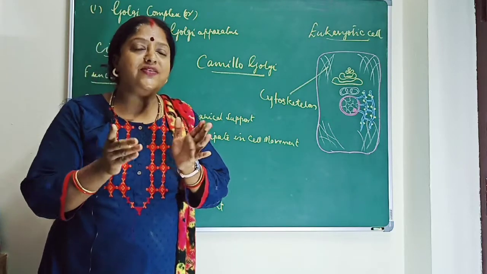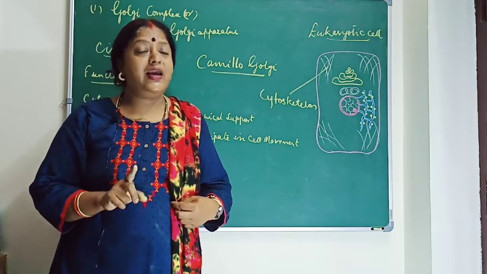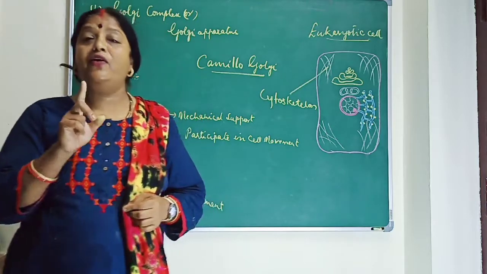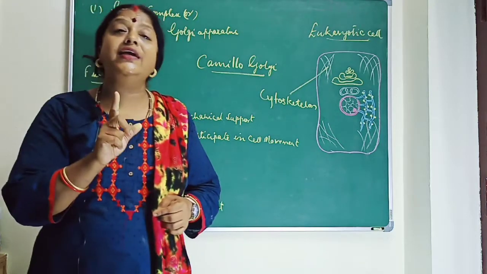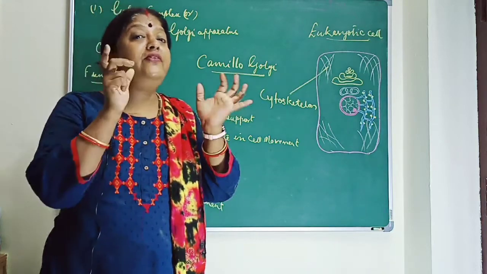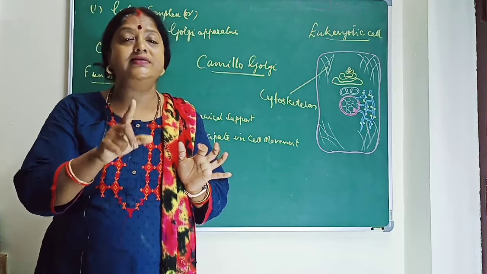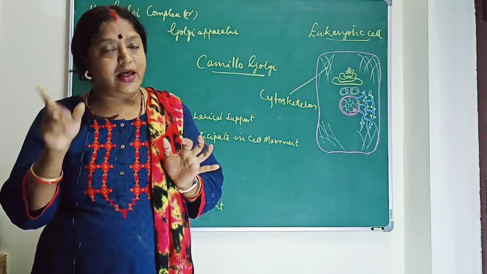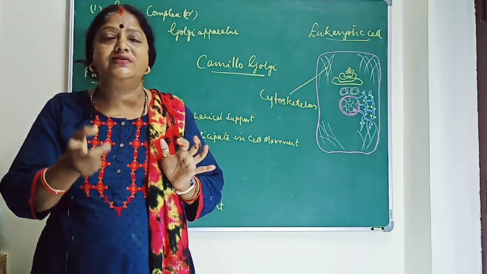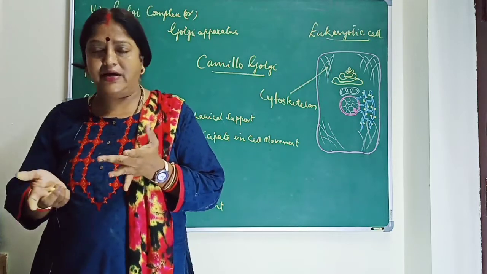The first one is cell wall, which is present only in the plant cell and absent in the animal cell. We have already learned that the cell wall is present outside the plasma membrane. Every cell has a plasma membrane, and in plants there is a cell wall present outside the plasma membrane. This cell wall is present in bacteria, fungi, algae, and higher plants also.